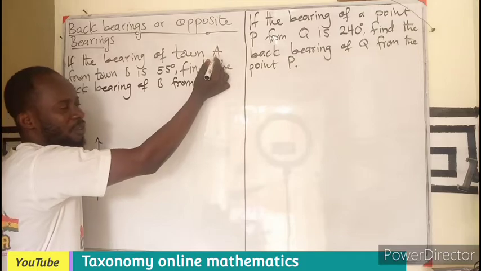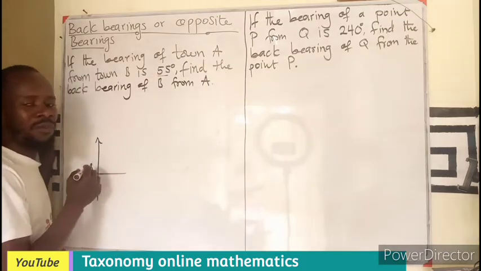Then for us to get the movement of B, we need to read an angle of 55.